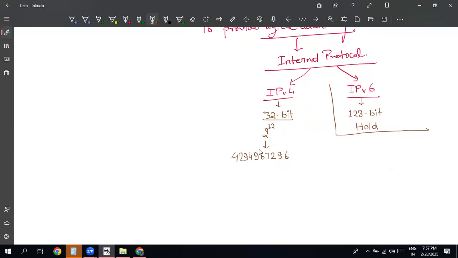So this 32-bit IPv4 address is represented in decimal notation. The 32 bits of this IPv4 address are bifurcated into 4 octets, where 1 octet is made up of 8 binary bits. They are divided by a period, or a dot, in between.